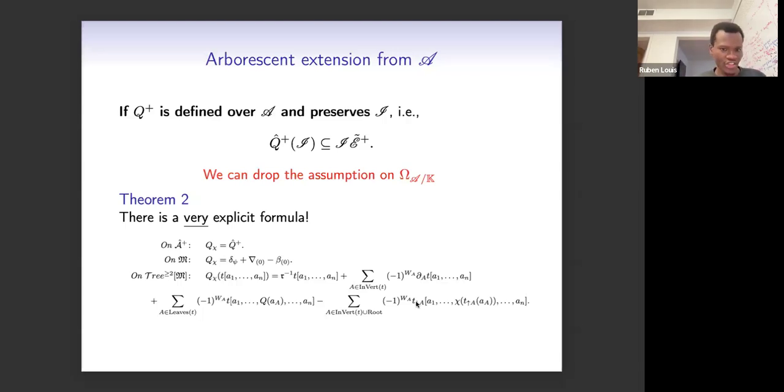This is an extension of the causal Tate part, the negative part and the positive part. This really gives you a more explicit one, just because the Q plus was already defined on A plus, and the computations are even more restricted. We have to do less computation.